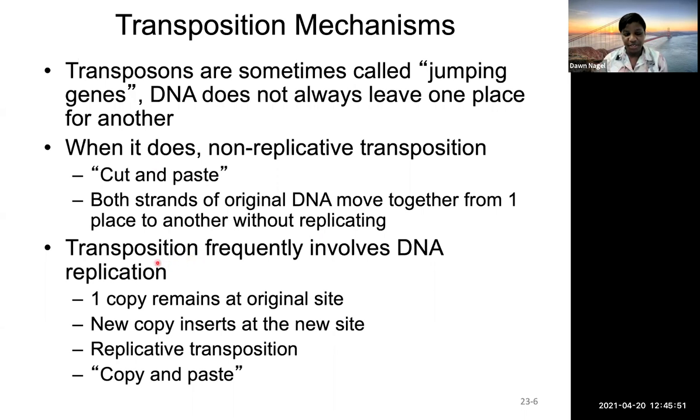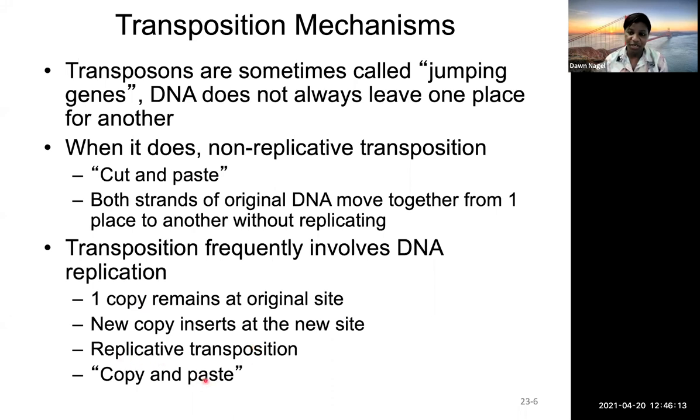There's another type of transposition which involves DNA replication, where one copy remains at the original site and then a new copy, which has been replicated, moves to a new site. And that mechanism is referred to as replicative transposition, or copy and paste, right?